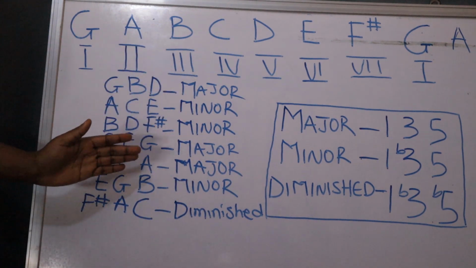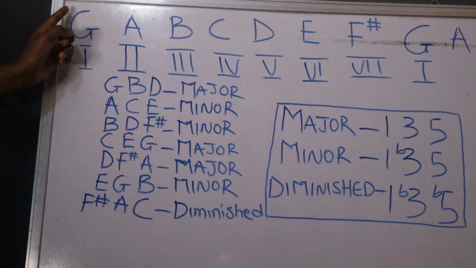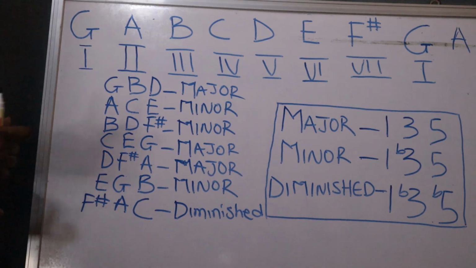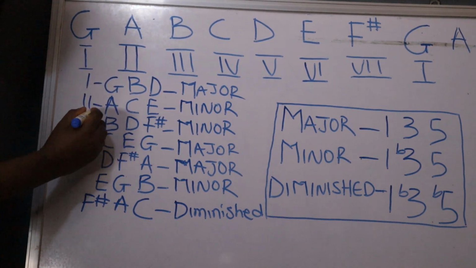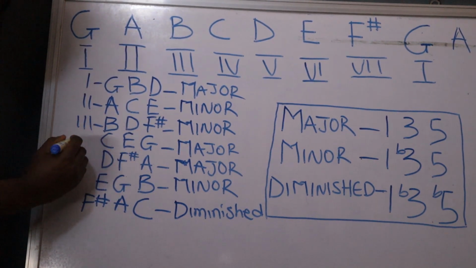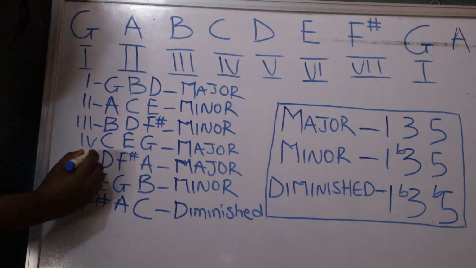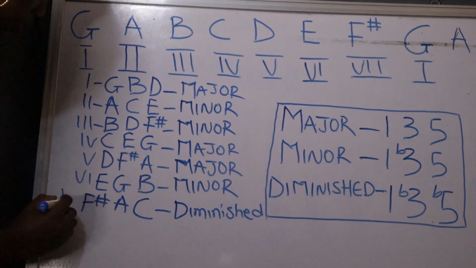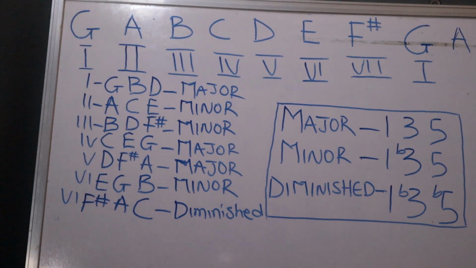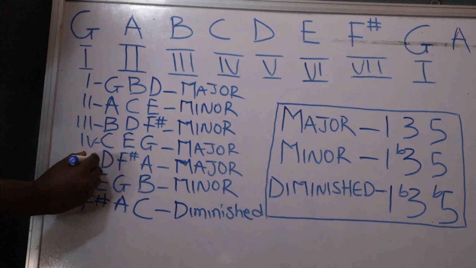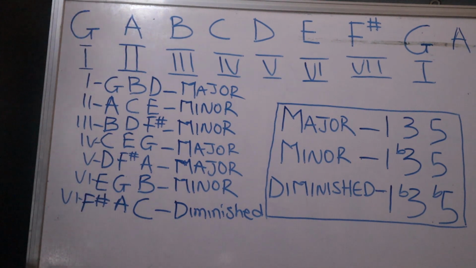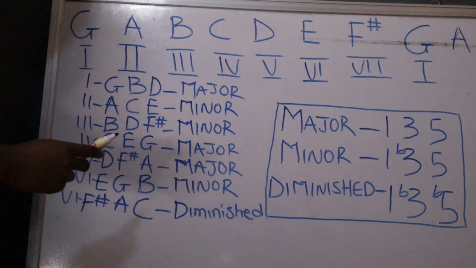And these are the chords in the key of G. All right, so now we have 1, 2, 3, 4, 5, 6, 7. Okay, I hope this is not like rocket science. So don't worry, you get it.